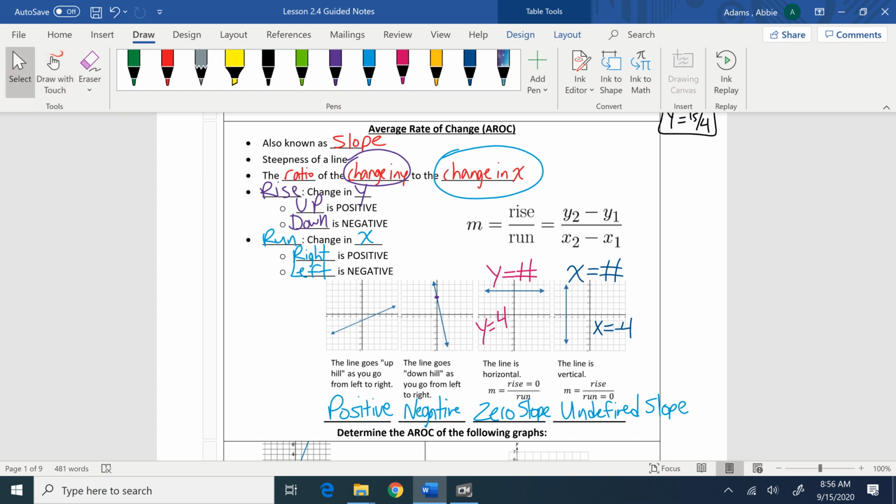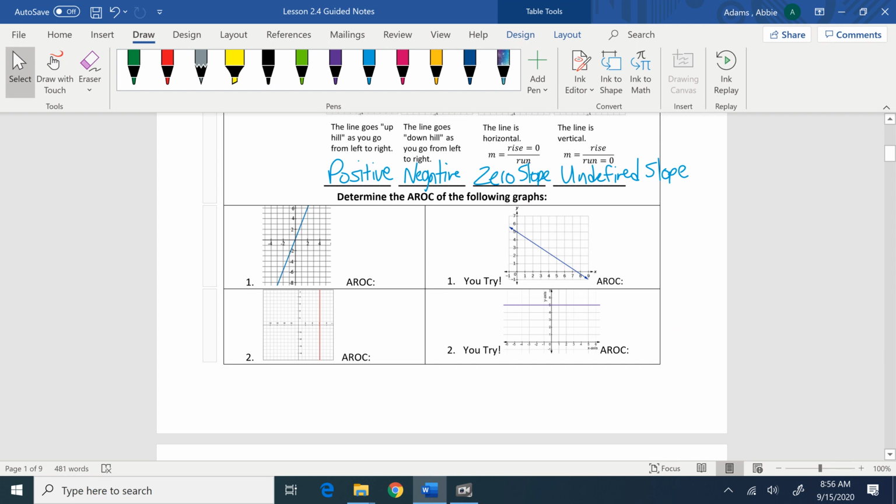So let's look at some examples here. And I'll let you guys do the U-tries. Let's look at this first one. It says determine the AROC of the following graphs. That's your average rate of change. Same thing as your slope. So looking here, I'm just going to pick 2 points on this graph. I'll start here at the origin, so 0, 0, and I'll go up to, let's say, 1, 3, because those are nice little even points on the graph.